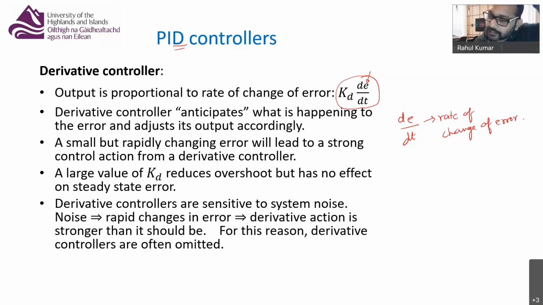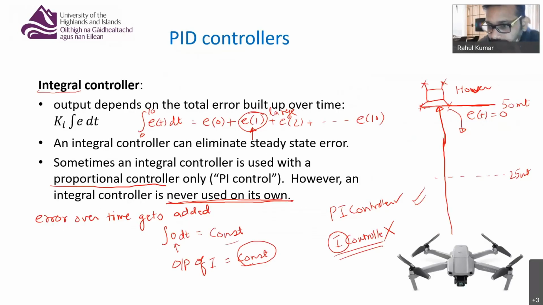Now again, considering the previous example of the drone, let's take this example. Let's say at 1 second the error was maybe 100 something, right? Since you are using only an integral controller, this error, even for a small period of time, gets added up.